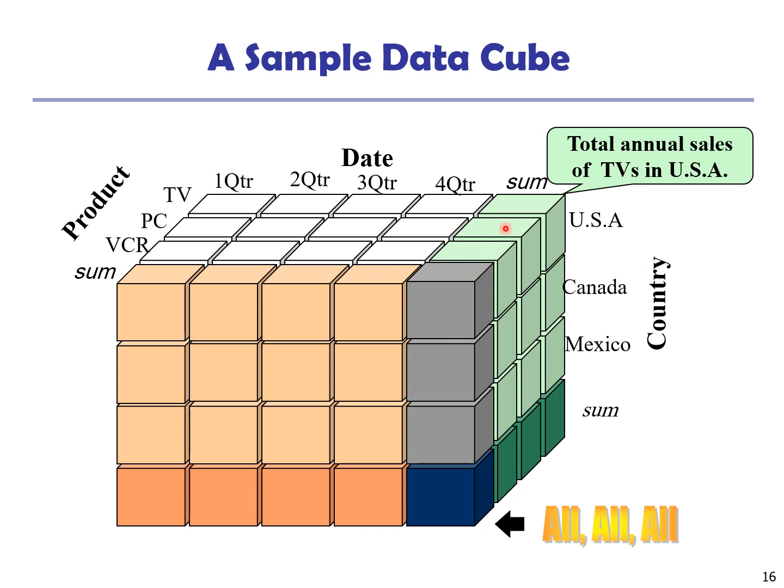So it should be the same: the sum of all the products sold in the US, or the sum of all the quarters sold in the US. So this should be the same number. Here will actually be the sum of all sums. So it will represent the sum of sales in all three countries, looking at all products and all quarters.